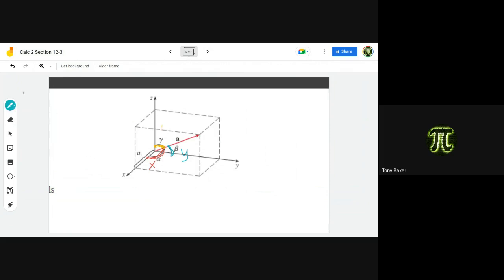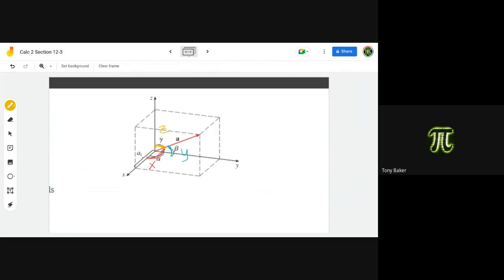That was the z. They used y for z. A nice one. So we have 3 different angles that we can get. Using the same concept that we just did, we can find those directional angles. And we actually are able to find the directional vector, the angle vector from it.